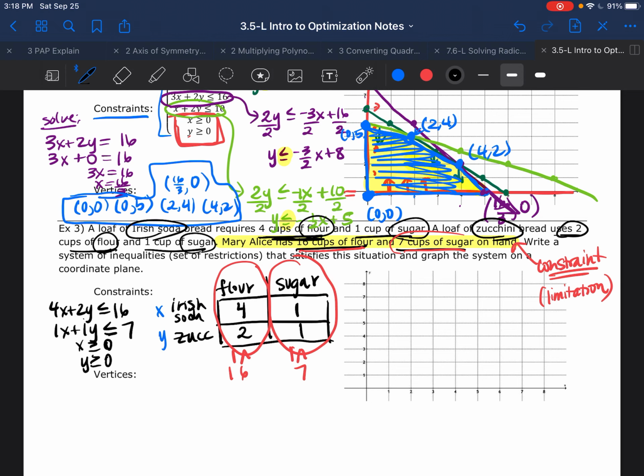You can't have negative Irish soda bread, and you can't have negative zucchini bread. So don't forget those equations, greater than or equal to 0. I call them the dummy equations because obviously you're not going to have negatives there, but freebies, don't forget them on a test.